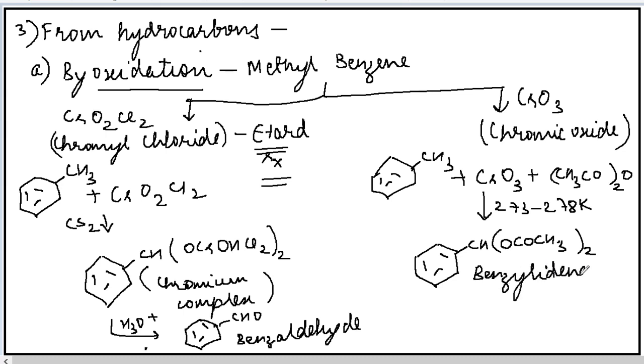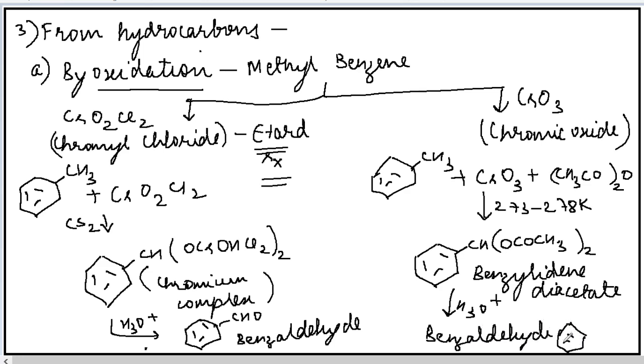Benzylidene diacetate. That benzylidene diacetate that is formed further undergoes hydrolysis, and as a result benzaldehyde is produced. Okay, so oxidation of methyl benzene can be carried out in presence of chromyl chloride and in presence of chromic oxide.